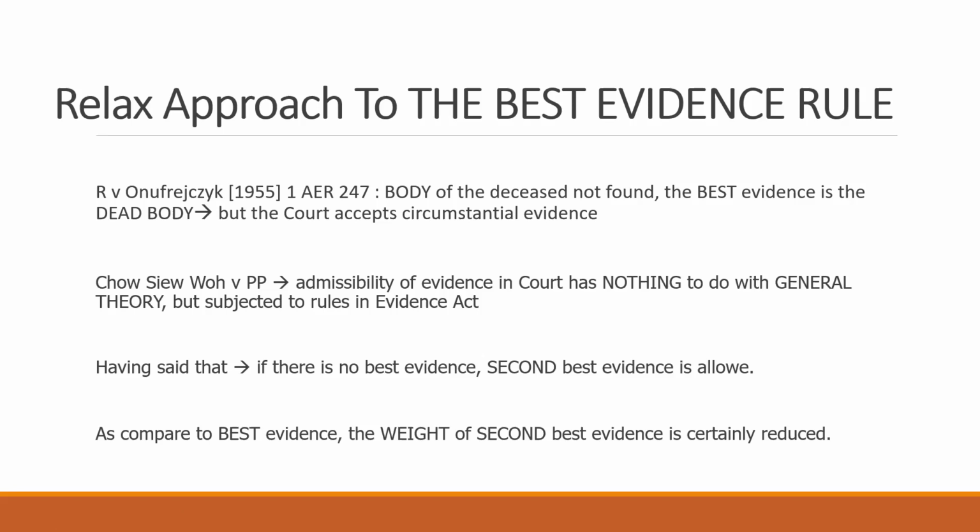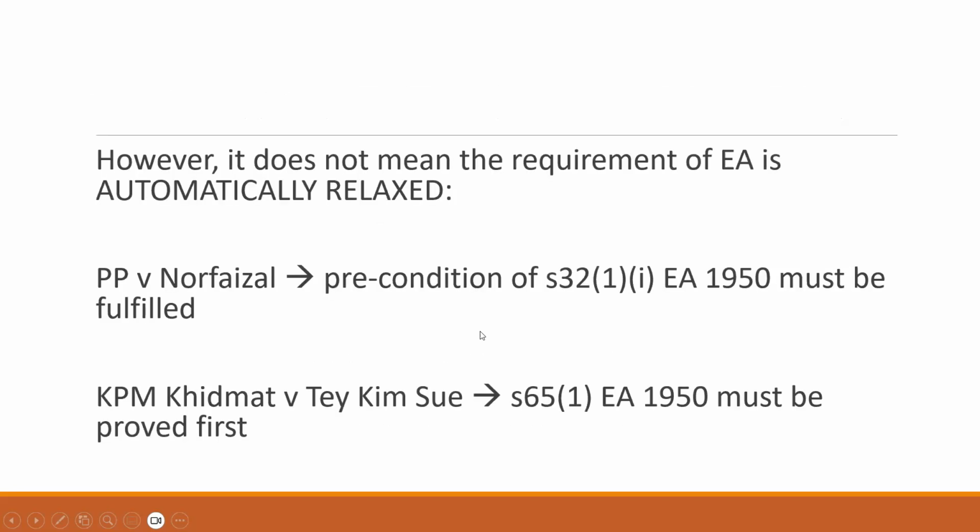So this is how the court established this sort of circumstantial evidence to show that the person is dead. So second best evidence is allowed. But we have some issue here. Since the best evidence is not being produced, the weight of the so-called second best evidence is certainly reduced. That goes without saying.